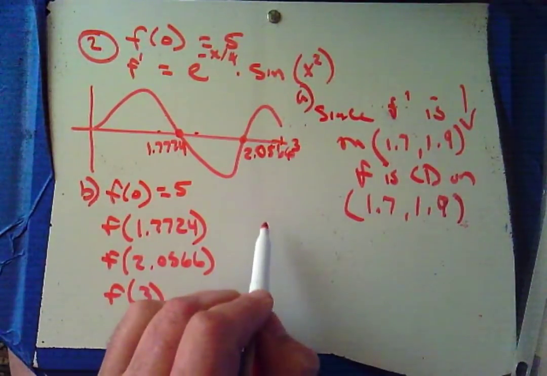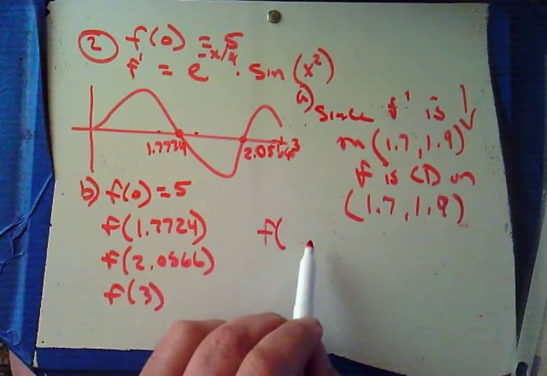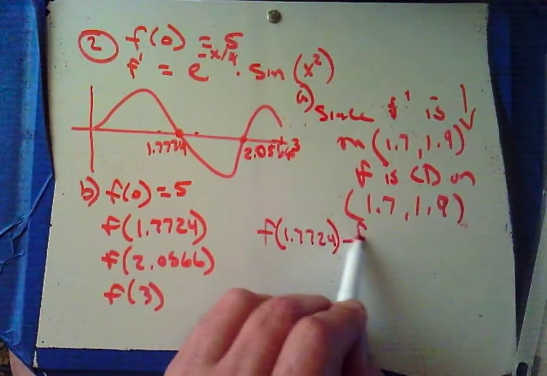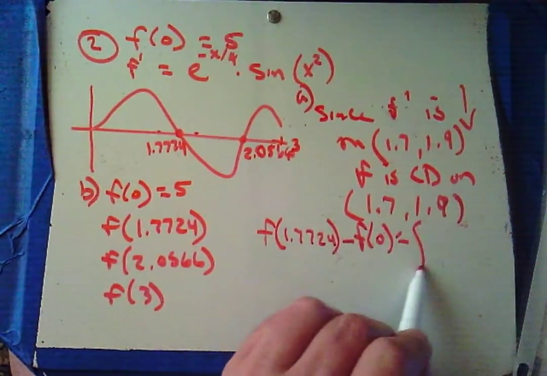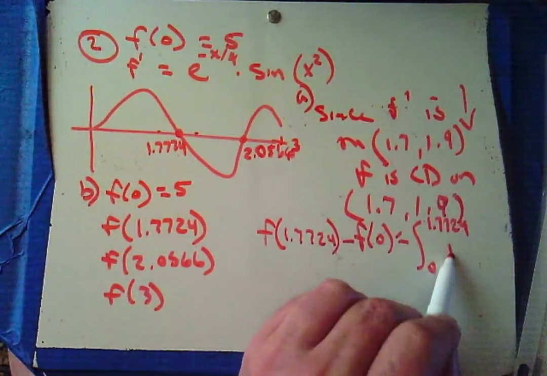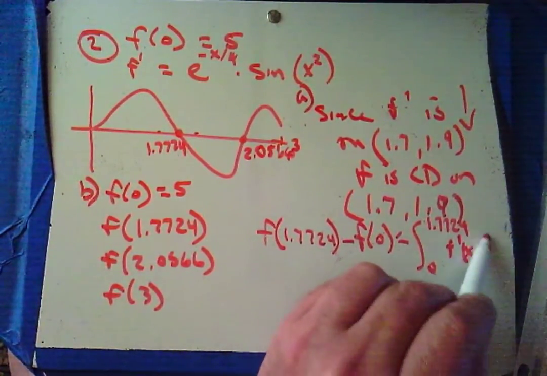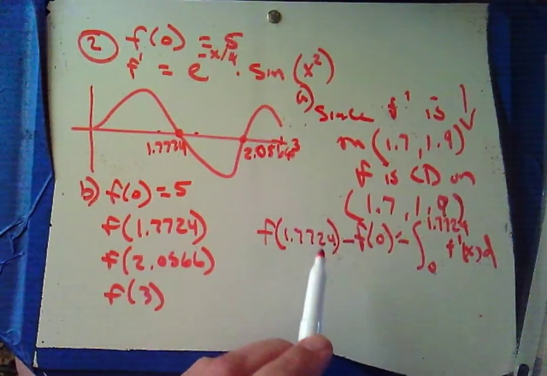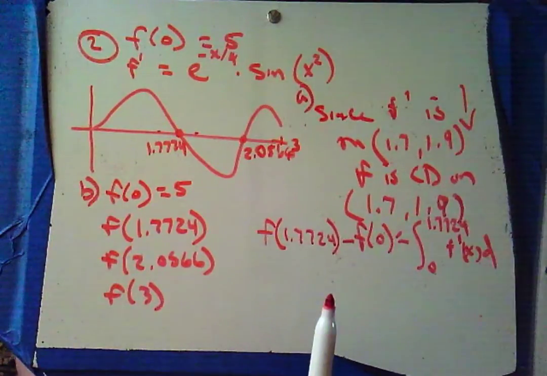And to do this, I'm going to use f of 1.7724 minus f of 0 equals the integral from 0 to 1.7724 of f prime of x dx. So I'm going to do this integral on my calculator. I'm going to add 5 to it, and I'm going to get the value of this.